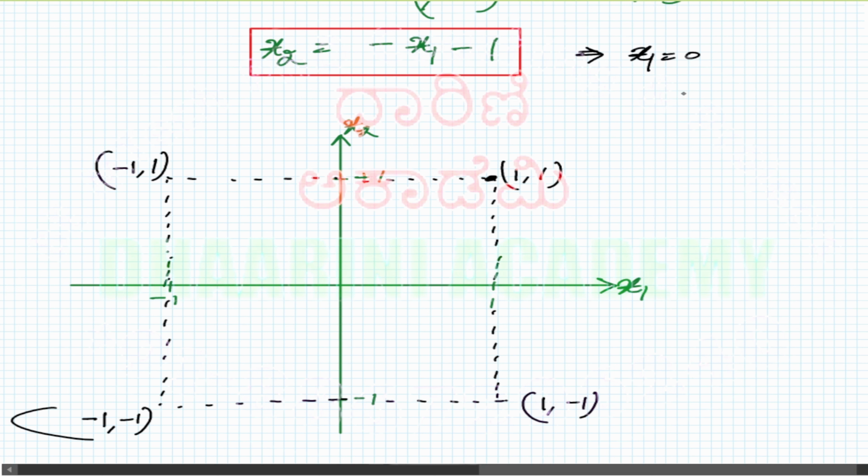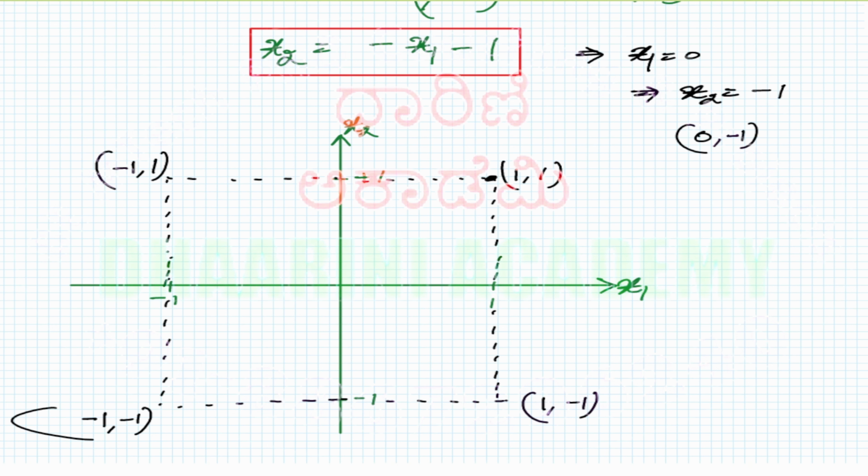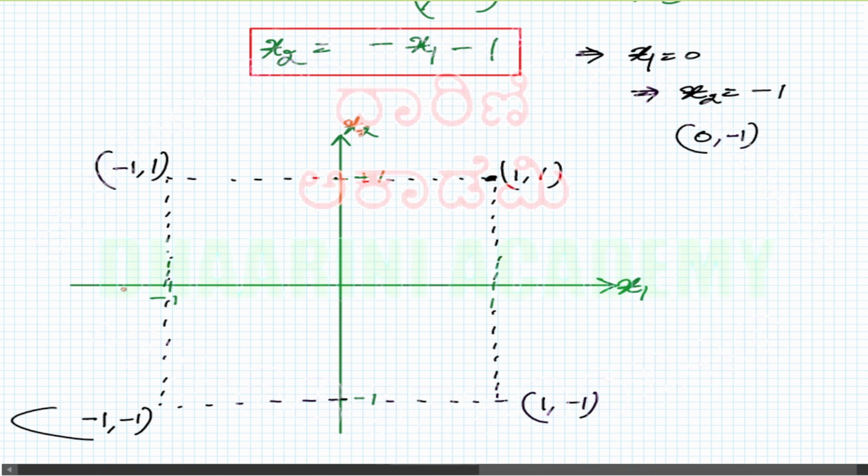When x1 is 0, what is x2? This implies x2 is equal to minus 1, correct? So one point is 0 comma minus 1. Let me mark that point. Where is 0 comma minus 1? X-axis 0, y-axis minus 1. I think that is this point.